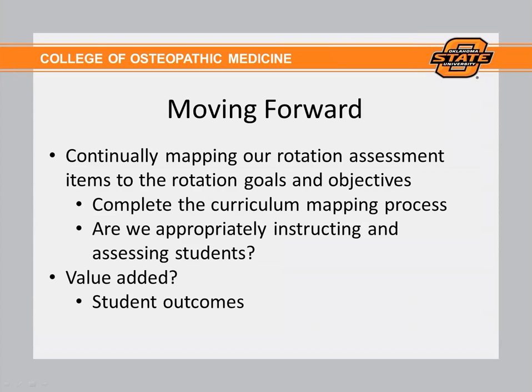Next, we just really want to see if we're appropriately instructing and assessing our students. We can use the statistical feedback from the categories to make sure that the educational process and the clerkships are going as expected. Are we covering the appropriate content?